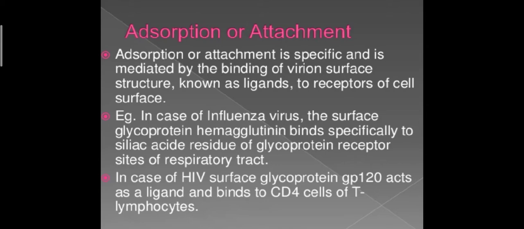T lymphocytes are responsible for the immune response. So this virus deactivates the immune response by binding to the specific receptors. Like that, it will damage our body, making complications in specific systems. Each and every specific virus makes complications specifically in your body.